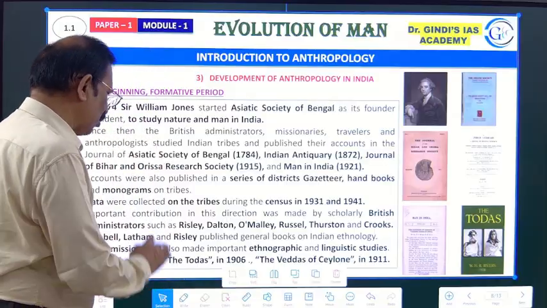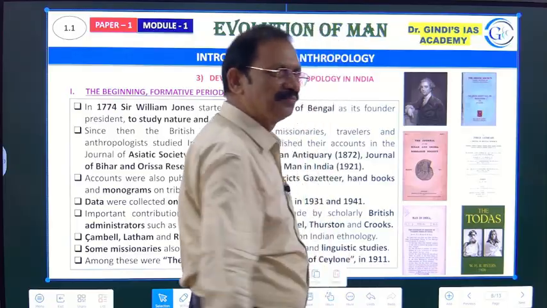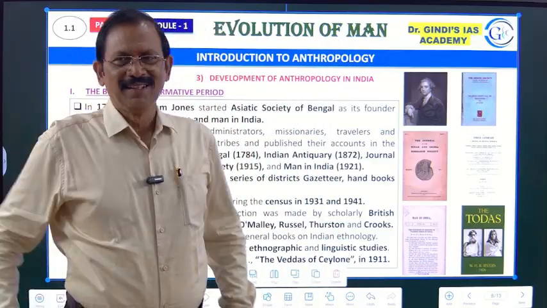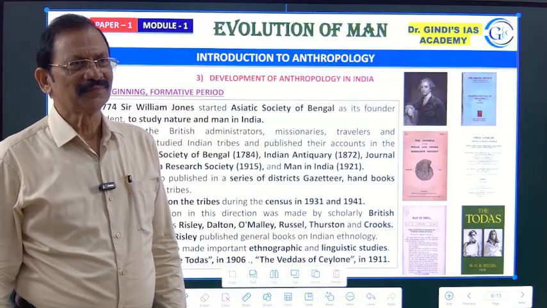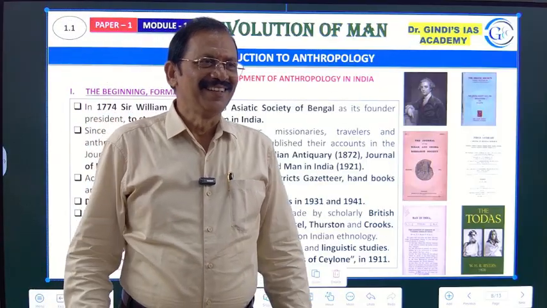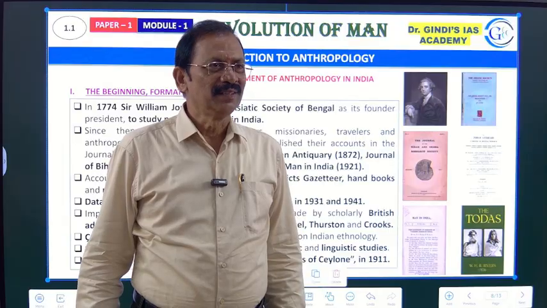Among these you can see one book, The Todas. You know Toda? The old students know Toda. You know Ooty? Yes, we know Ooty, sir. We used to go to Ooty as a picnic spot during summer.